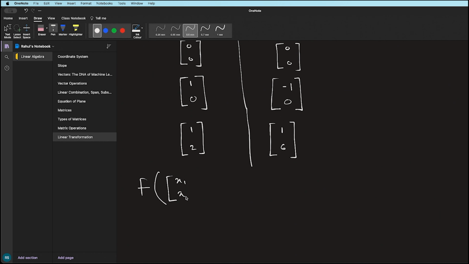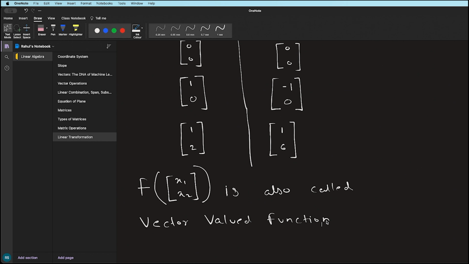So this function f of x1, x2, which takes the input as a vector, is also called a vector valued function.